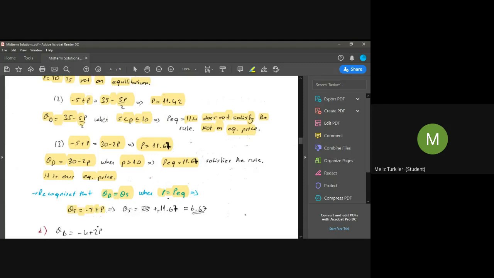I just plug this into the supply function. Then minus 5 plus 11.67 should be equal to 6.67. So we find both the quantity of demand and quantity of supply in the equilibrium. These are equal to each other. And we also find the equilibrium price as 11.67.